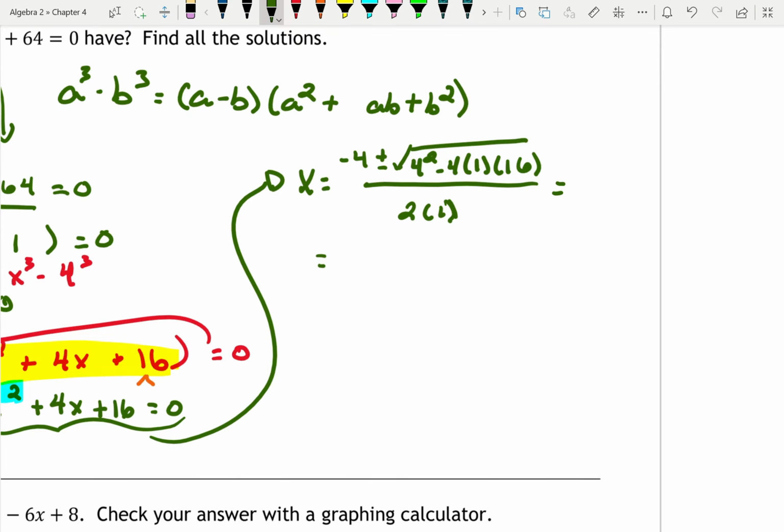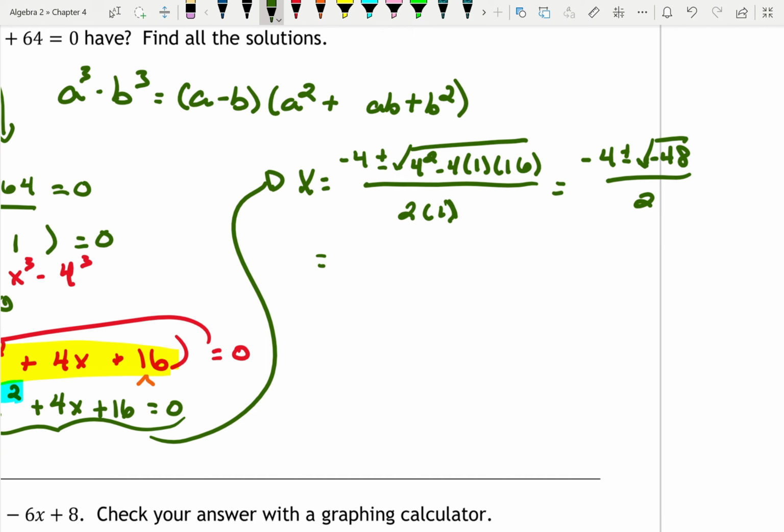I'm going to type the discriminant into my calculator. That's the piece under the root: 4 squared minus 4 times 16. That gives me negative 48. So I'm going to do negative 4 plus or minus root negative 48 all over 2.